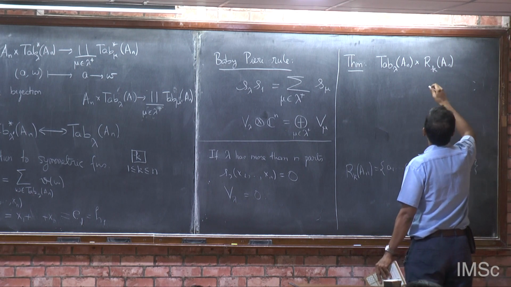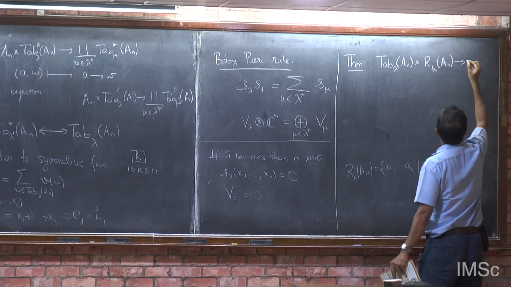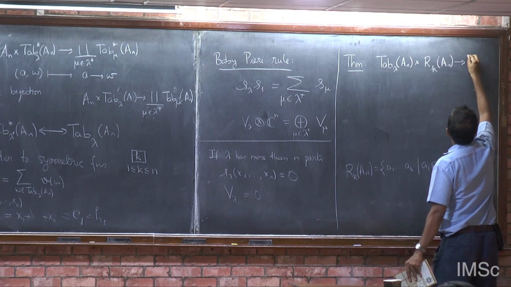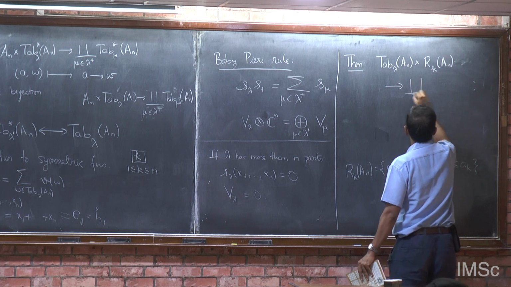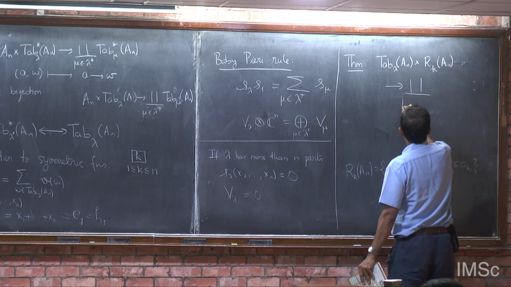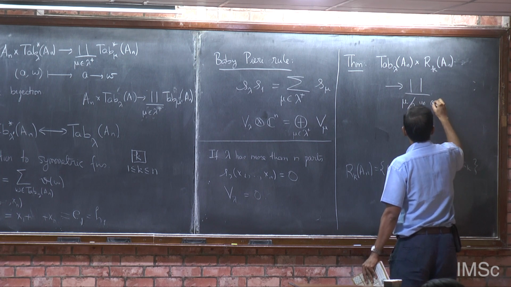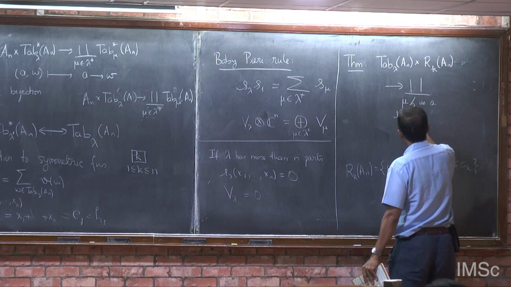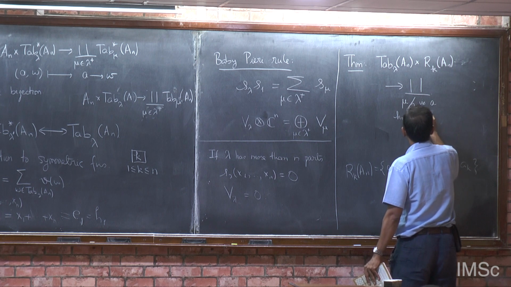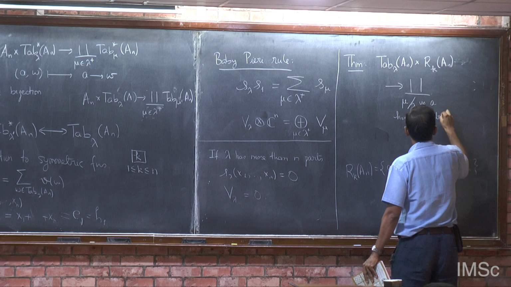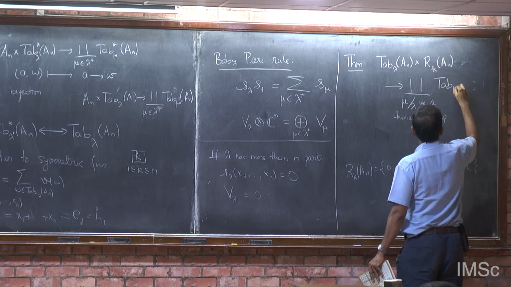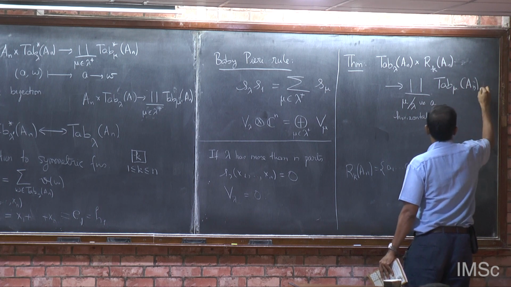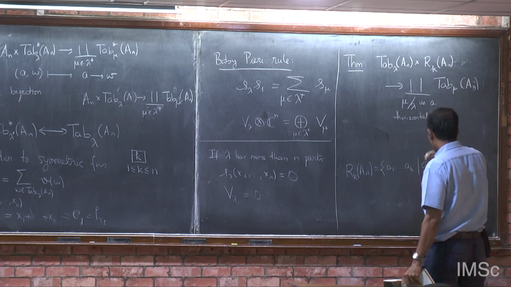And what will this bijection be? Well, let me tell you, and you will get, so the condition is mu minus lambda is a horizontal strip. I need to explain what this is. And what is this function?